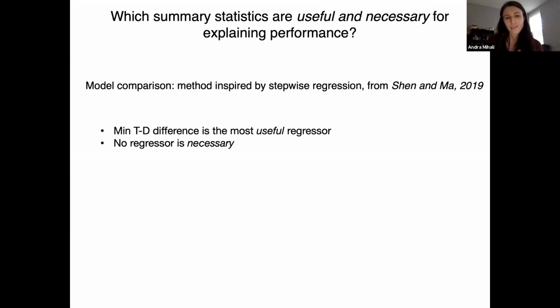It had the most salient effect. However, no regressor is necessary. When attempting to remove regressors, the AIC model goodness-of-fit metric did not decrease too much. This could be because mean TD difference is correlated to some extent with target-to-distractor mean, so they're not entirely independent.